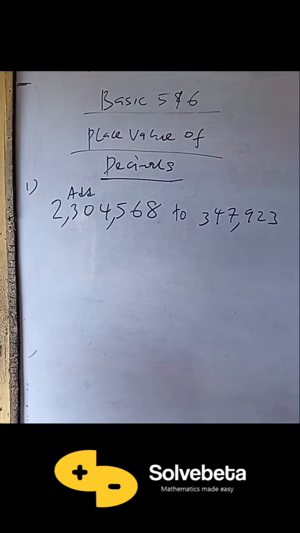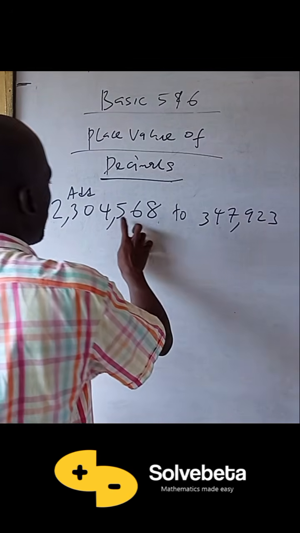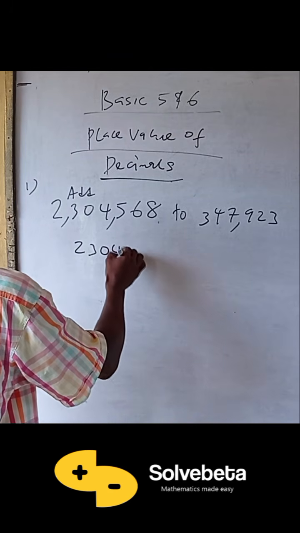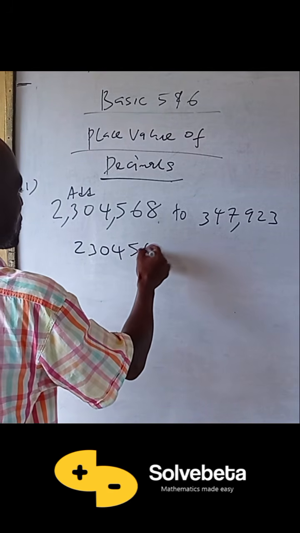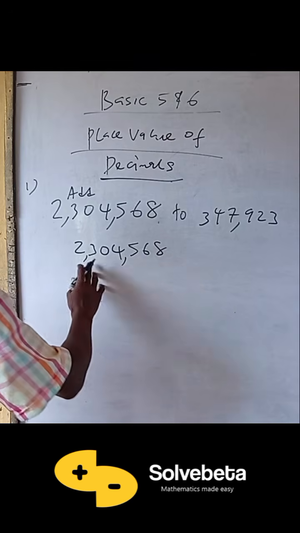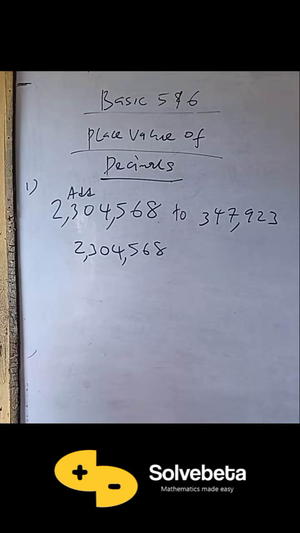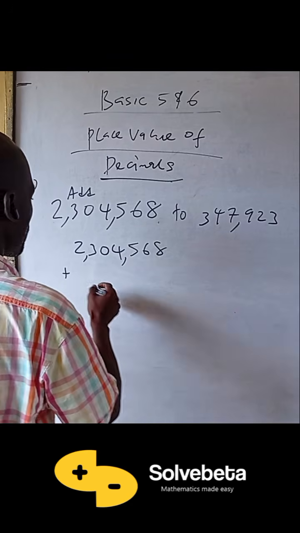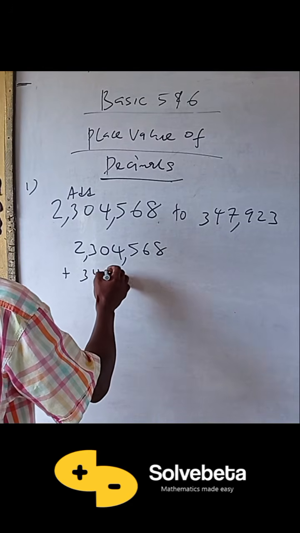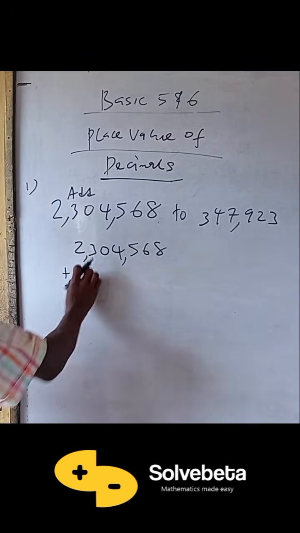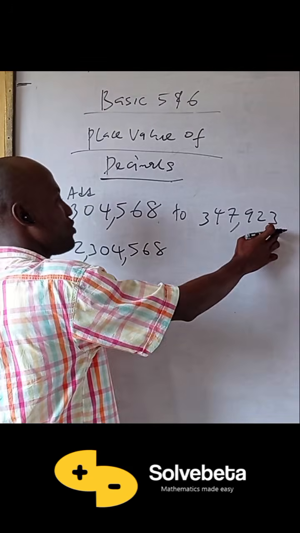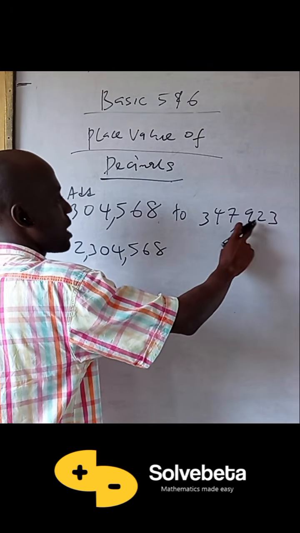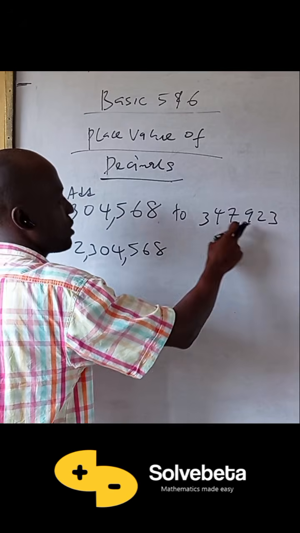You must arrange them based on each of their place value. Look at this: 2,304,568. We want to add this to it. To add it, you must arrange this such that this is unit, this is unit, this is tens, this is tens, hundreds, and so on.